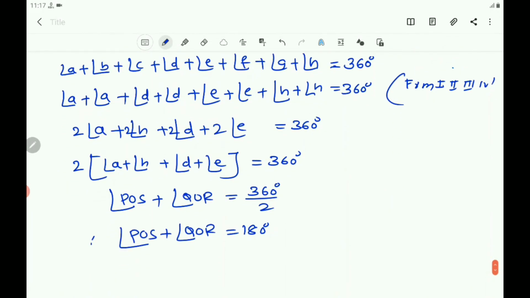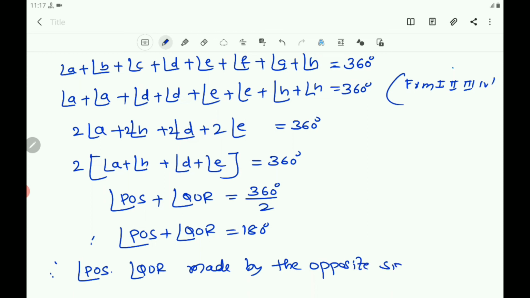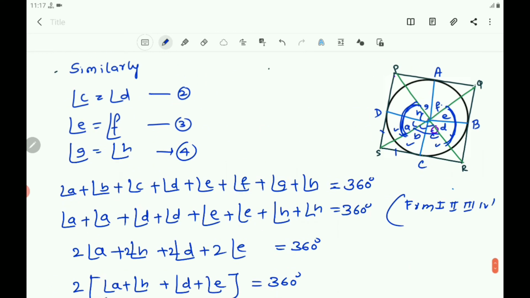So write, therefore angle POS and angle QOR are made by the opposite sides, which sides?